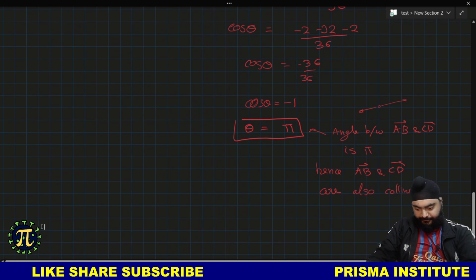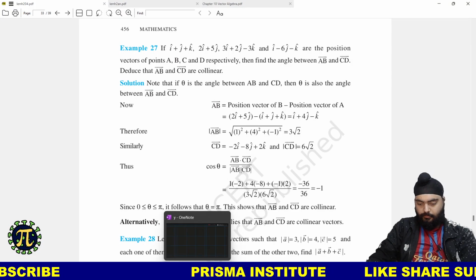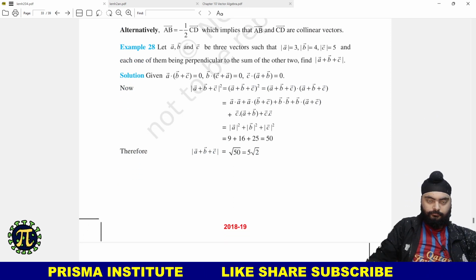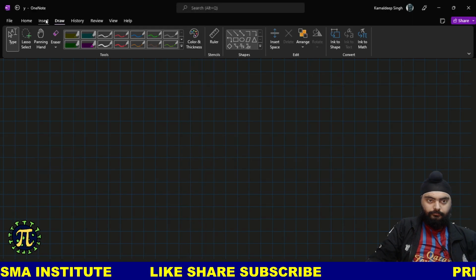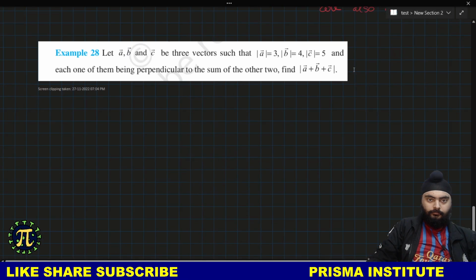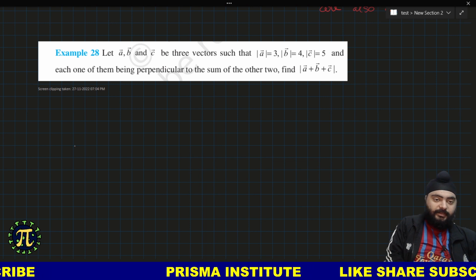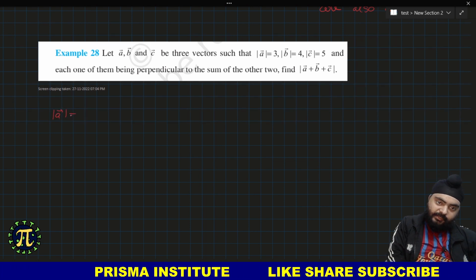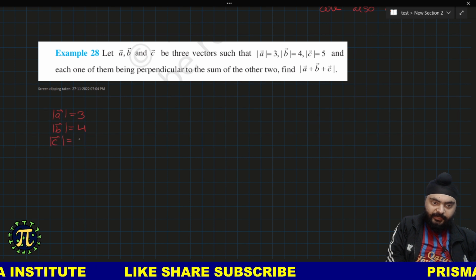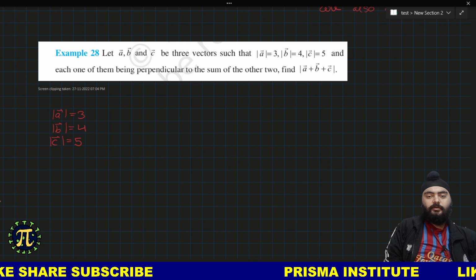Let's move to the next example. A, B and C are three vectors, and it is given that magnitude of A is 3, magnitude of B vector is 4, and magnitude of C vector is 5, and each of them is perpendicular to the sum of the other two.